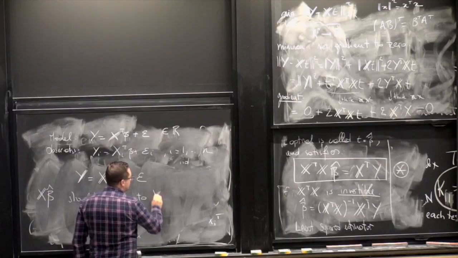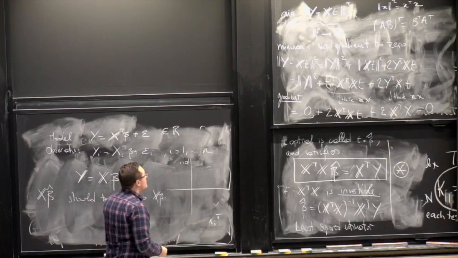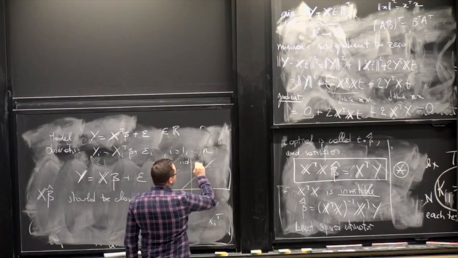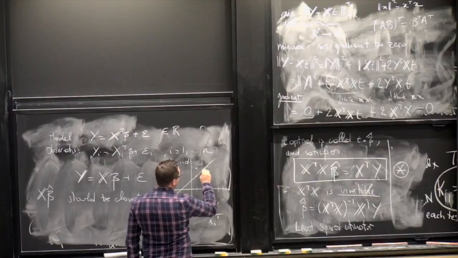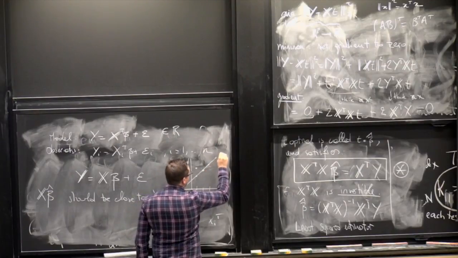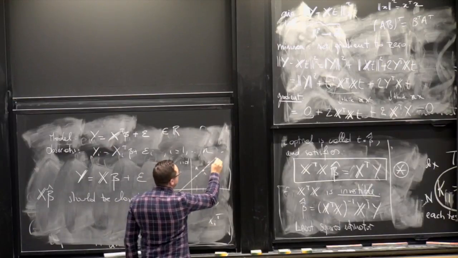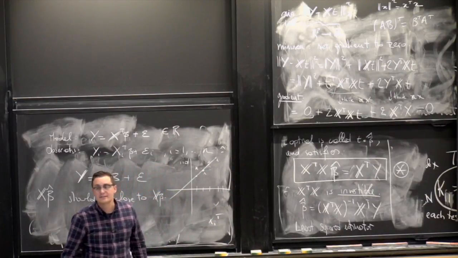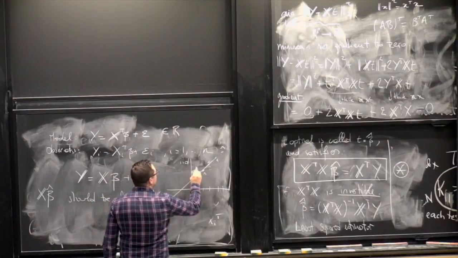So in the one-dimensional case, what it means is that if I have, let's say, this is the true line, and these are my x's, those are the true points on the real line. And then I have my little epsilons that just give me my observations that move around this line, right? So this is one of the epsilons, say epsilon i.